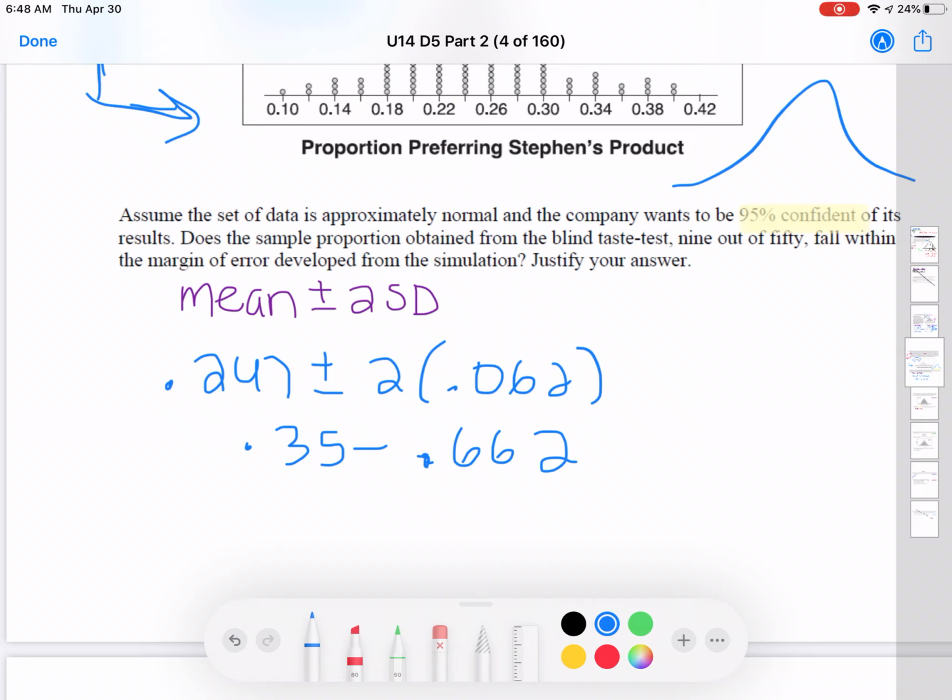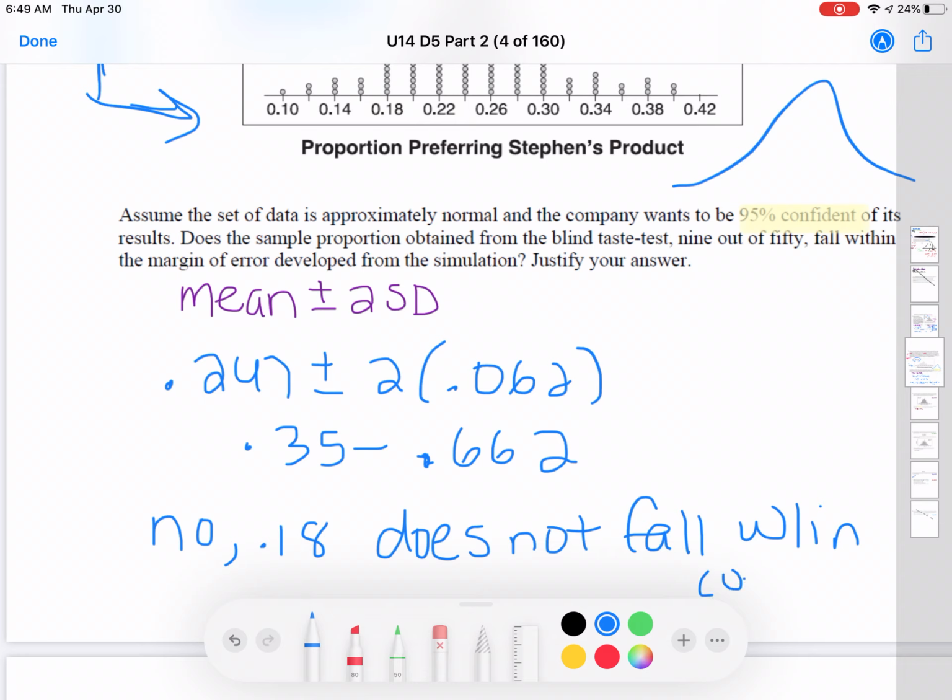Does 0.18 fall inside the confidence interval? So our answer is no. 0.18 does not fall within the confidence interval. Alrighty.